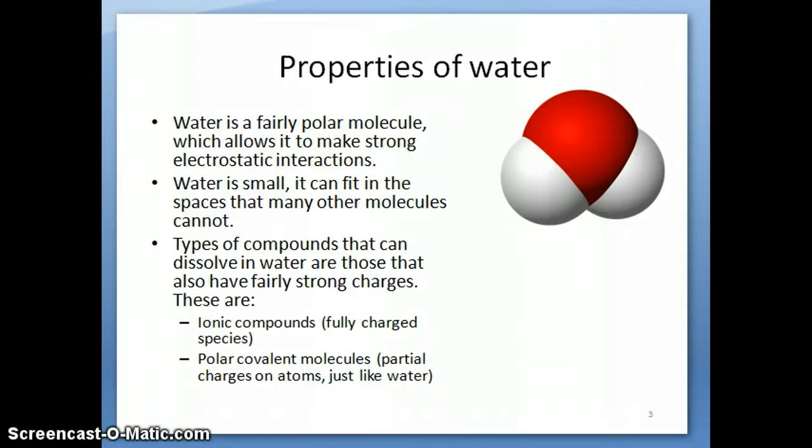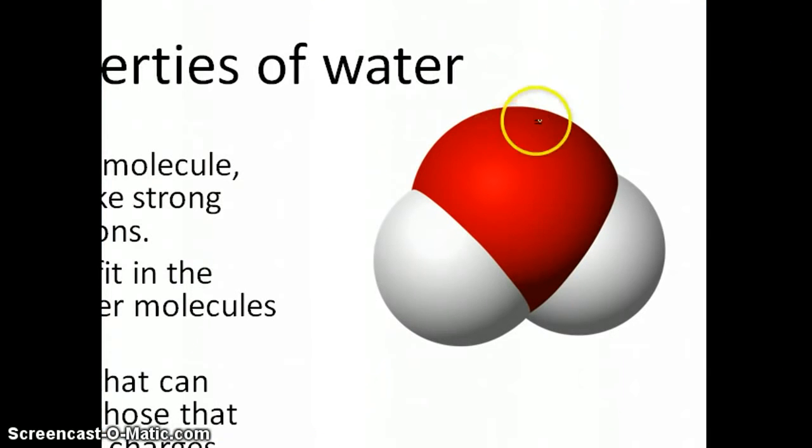So let me show you here the structure of water. As I mentioned earlier, this is the oxygen atom of water, and these two are the hydrogen atoms. As it turns out, and you really won't learn this till a little bit later in the semester when we talk about electronegativity, oxygen is an atom that tends to pull electrons to itself when it's involved in a covalent bond with other atoms.